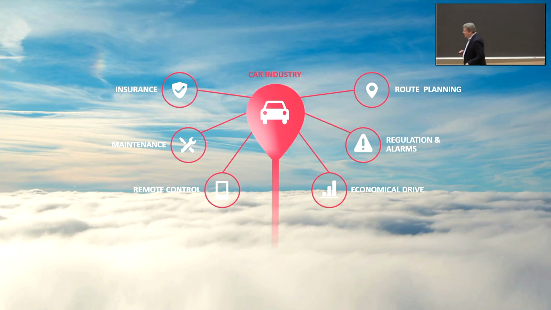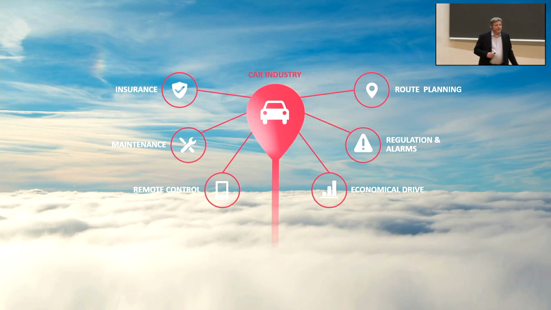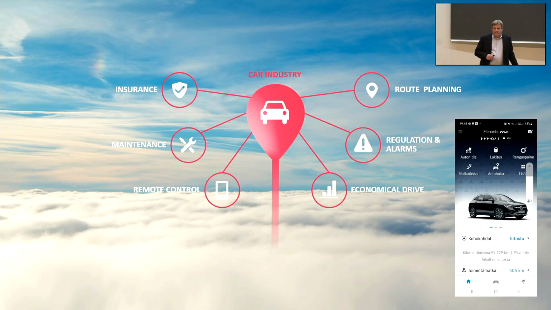Now, if we think about what it means in practice and the use cases, this car is a good example. Lots of digital services are already embedded into cars, as you all know. There are different kinds of services. Not all of them are real time, but the sensors integrated into the cars can provide real-time information.